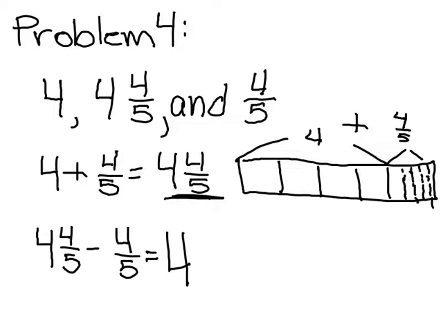Again, we use their numbers. If we use the same tape diagram up here, what we have is 4 and 4 fifths. We've taken away these 4 fifths, and we end up with just a total of 4, as we have here. We have a number of problems like this. Let's move on to the next one.